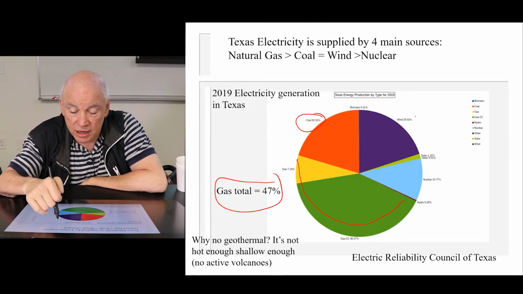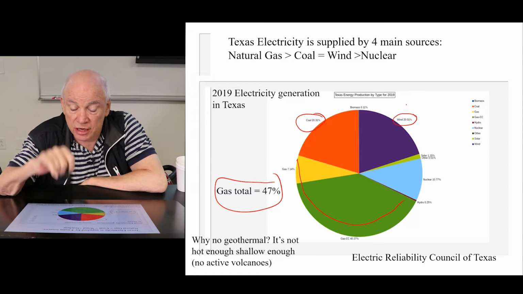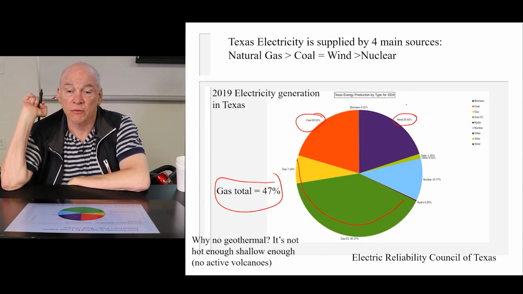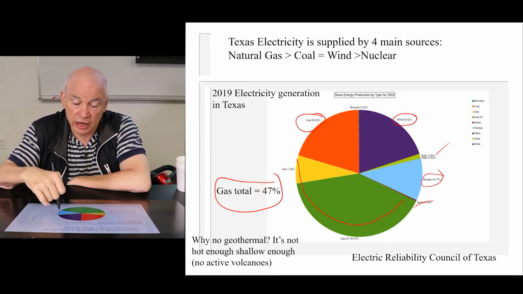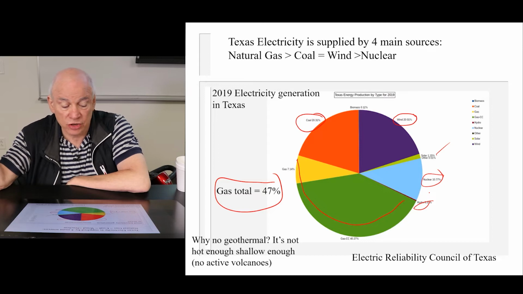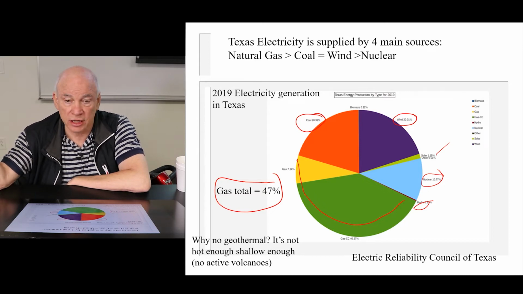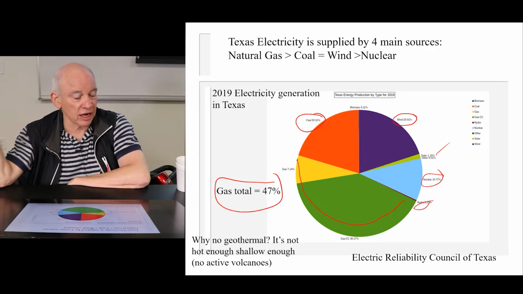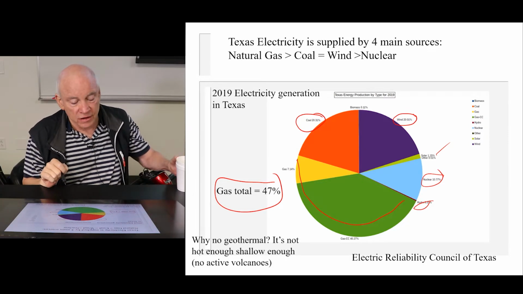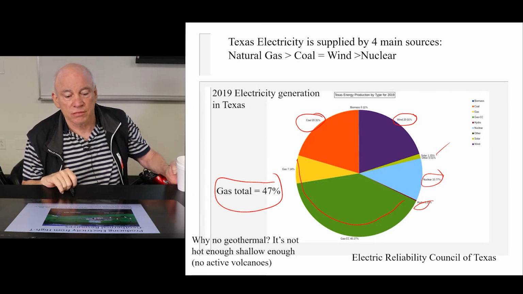Interestingly enough, about another 20% of Texas electricity is made by wind energy. Not very much solar yet, a fair amount of nuclear, and almost no hydro. But you'll notice there's no geothermal energy contributing to the state of Texas. And in that previous map, we saw why. Texas doesn't have any volcanoes, so it's very unlikely to have any significant geothermal resources.